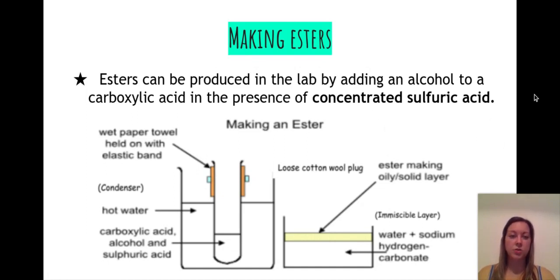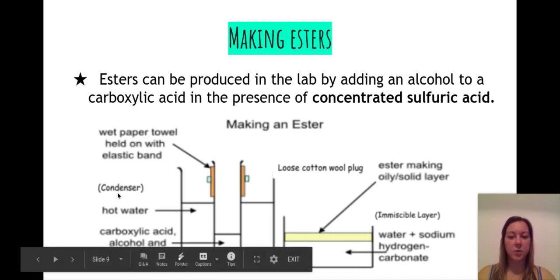You do need to use concentrated sulfuric acid, so your teacher will help with that, and you'll also be carrying that part out in a fume hood. So what you do is you take a test tube and you add in your carboxylic acid, alcohol, and your catalyst, which is sulfuric acid. You then get a wet paper towel, and this is very important, and wrap it around the top of the test tube with an elastic band.